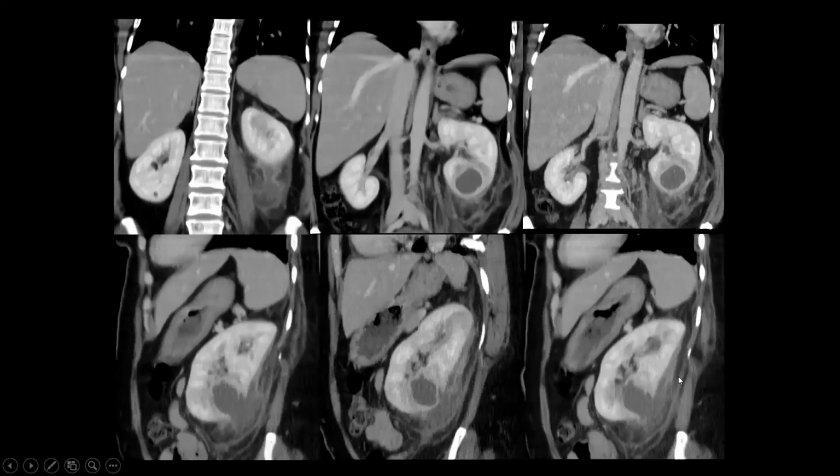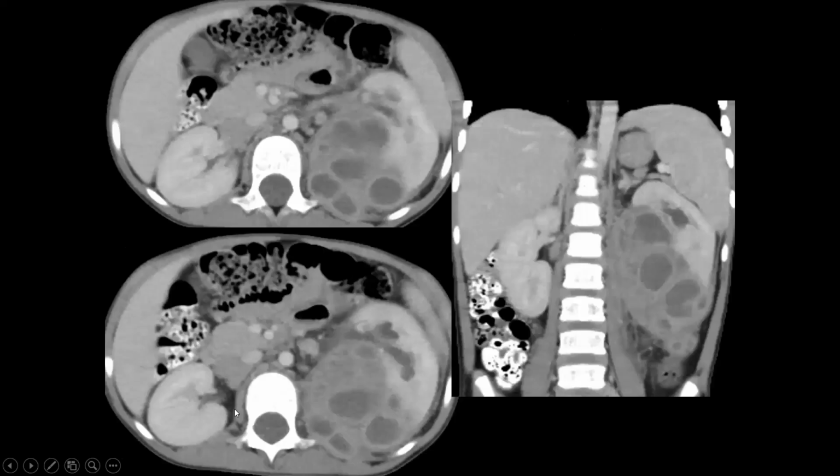Okay, these are sagittal and coronal images of the same patient. You can see the abscess in the lower pole region and the defect in the posterior wall due to rupture. This is a child that came also with a multicystic left renal mass, initially labeled as cystic Wilms tumor, but when we dug in the history of the patient, there was severe fat stranding around it, and there's edema around these cystic changes.